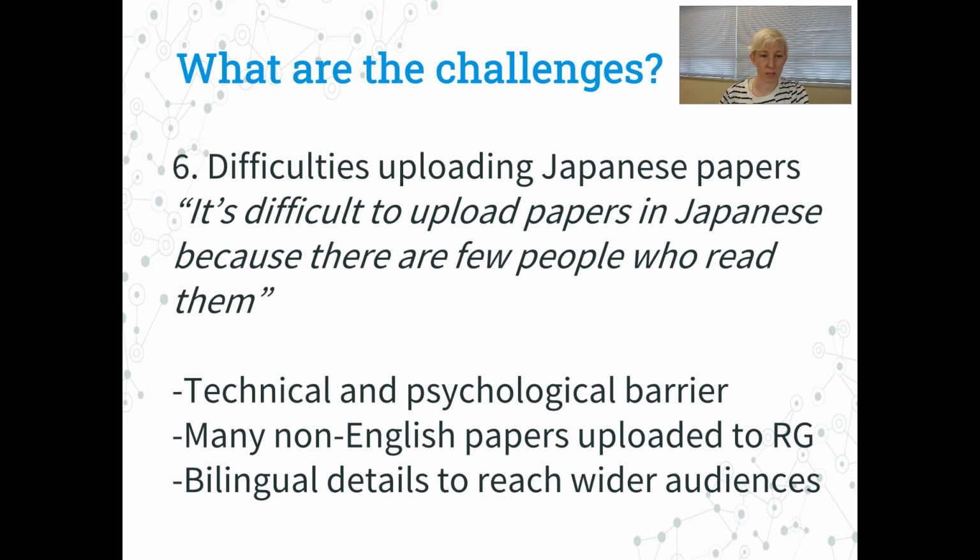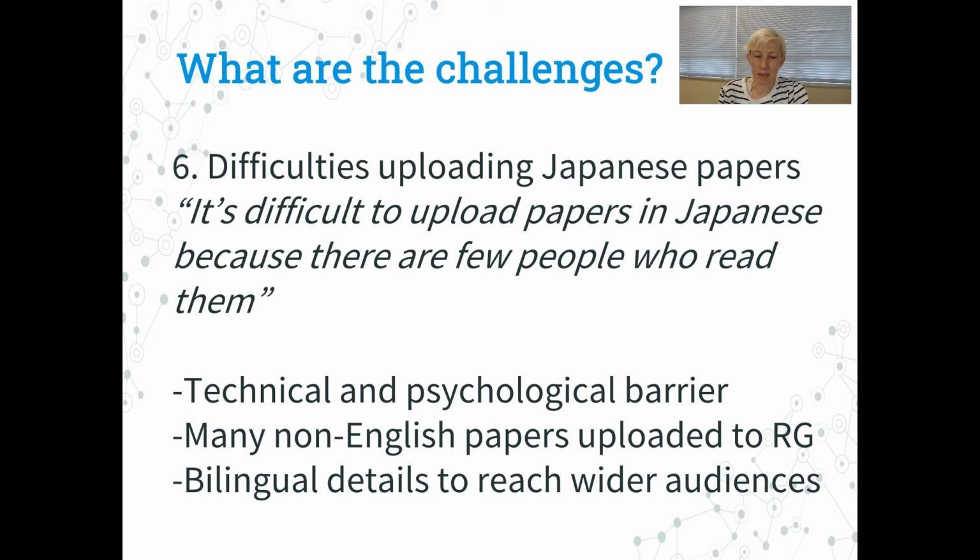So there are some technical difficulties, but also I think there is a kind of psychological barrier. The quote here says, it's difficult to upload papers in Japanese because there are few people who read them. Yes, ResearchGate and many of the international academic social networks are completely in English, so it might feel like you should be communicating in English.